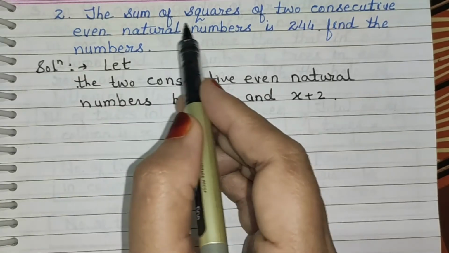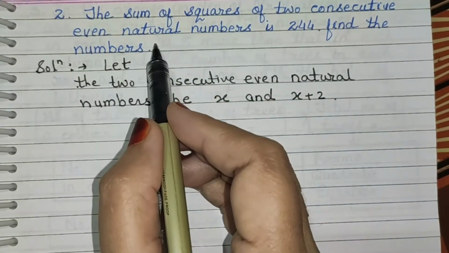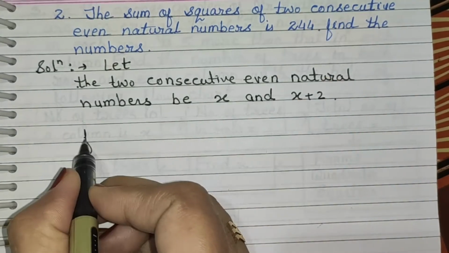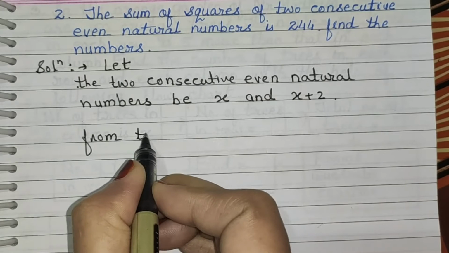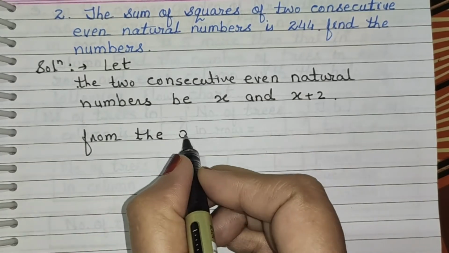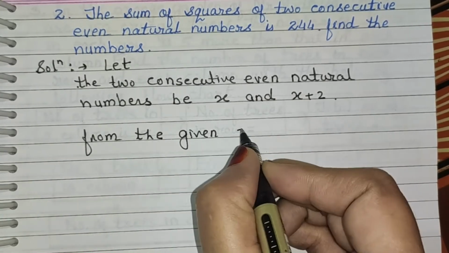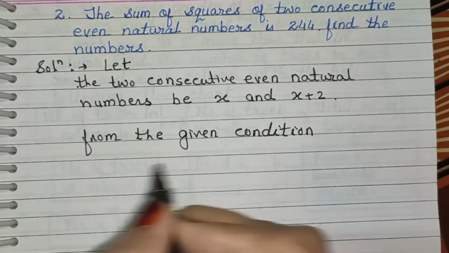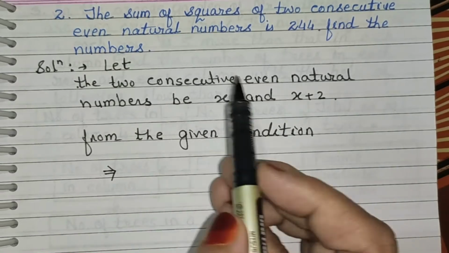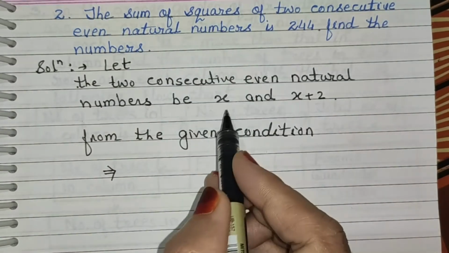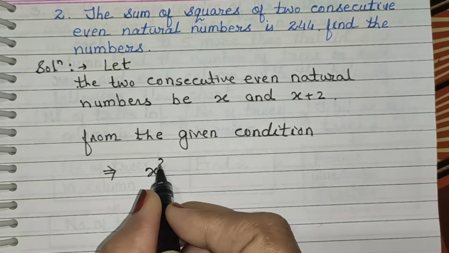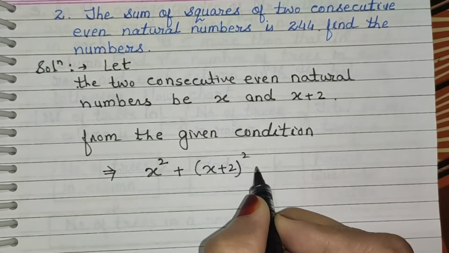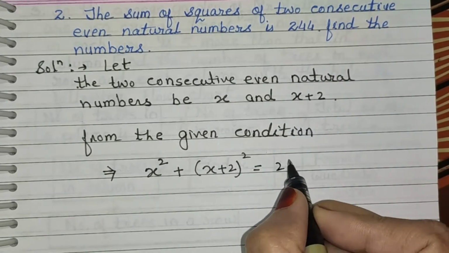Now, the sum of squares of two consecutive even natural numbers is 244. Therefore, from the given condition, now make the equation here. Sum of squares means x square plus x plus 2 whole square, which is equal to 244.